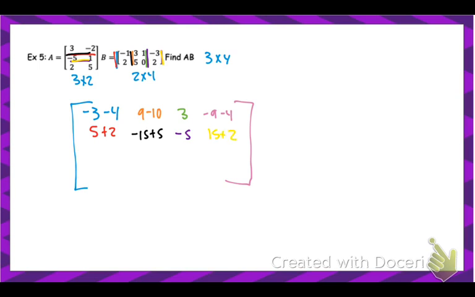All right, then finally moving on to the bottom row. So we'll go bottom row, first column, so that's negative 2 plus 10. Bottom row, second column, 6 plus 25.